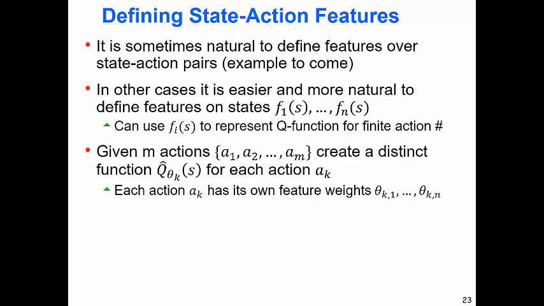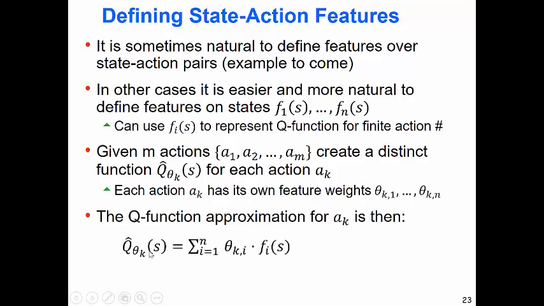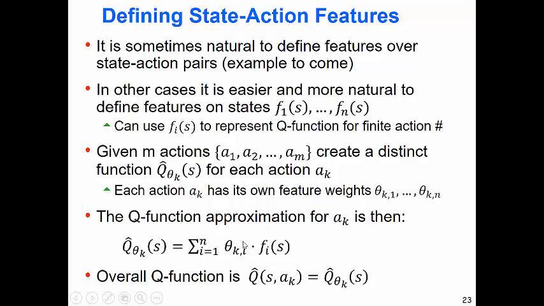Every action has its own set of parameters. So the Q value for AK is given by this, and then the overall Q function is just, you look at the action and index the right Q function. This is often what is done. It's kind of obvious, but a useful thing to know if you are trying to design these things.